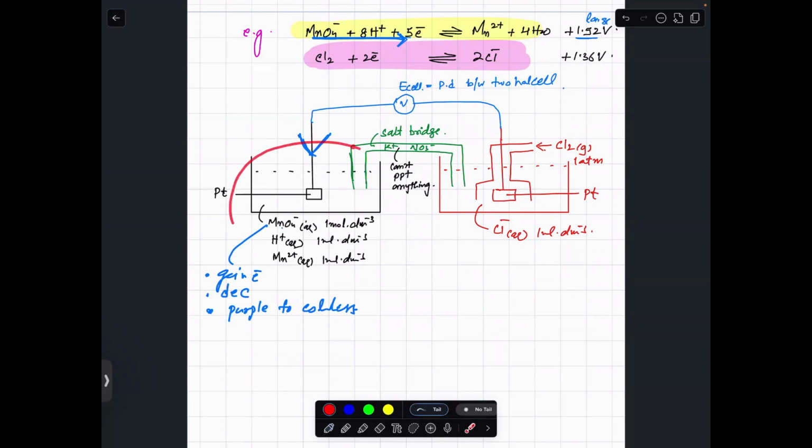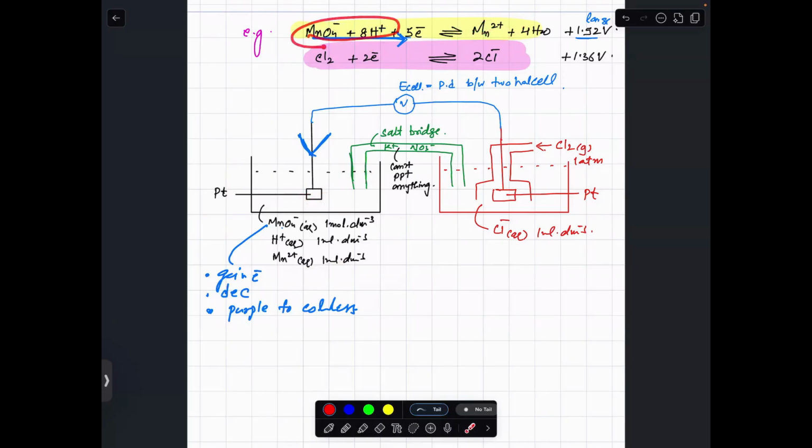Like in this beaker, the MnO4 can gain electron. Their tendency to gain is more than the chlorine. So definitely, if they are gaining electron, they become Mn2 plus. This reaction is going in the forward direction. So in this half cell, the solution which was purple initially due to manganate will turn colorless because the Mn2 plus is colorless. Right?